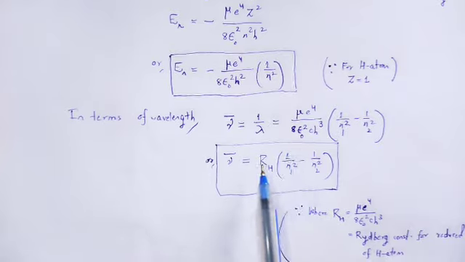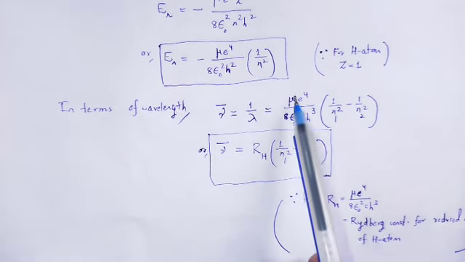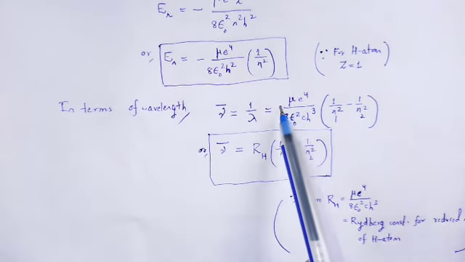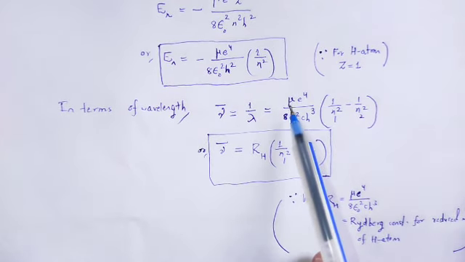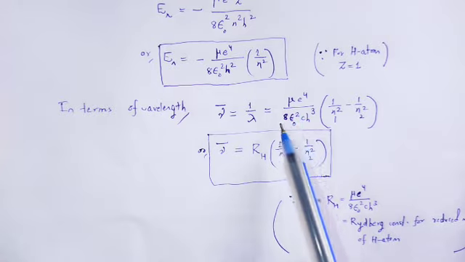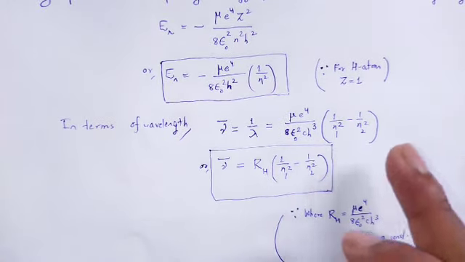Look at the expression: the reduced mass is inversely proportional to that of wavelength, and that reduced mass is somewhat less than that small m.